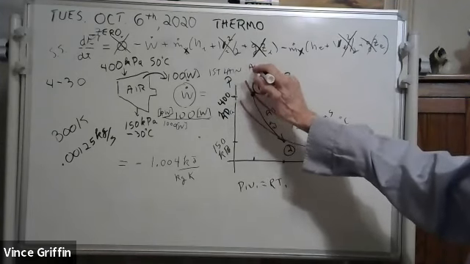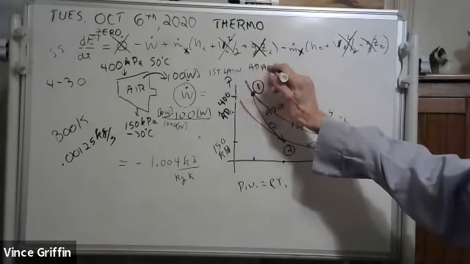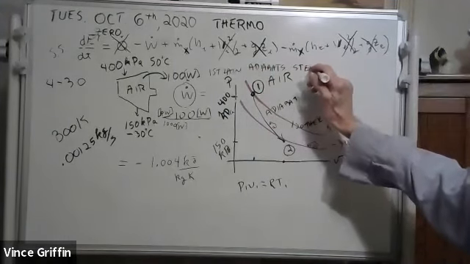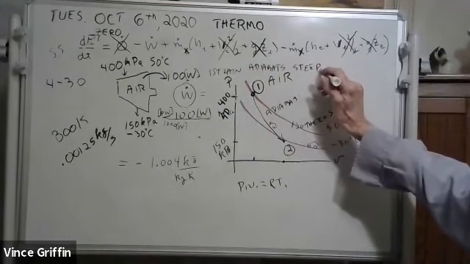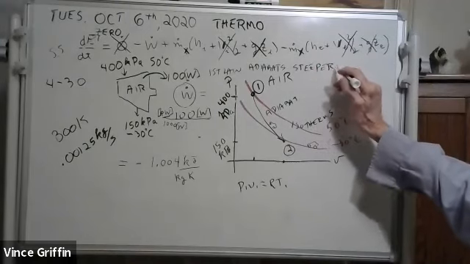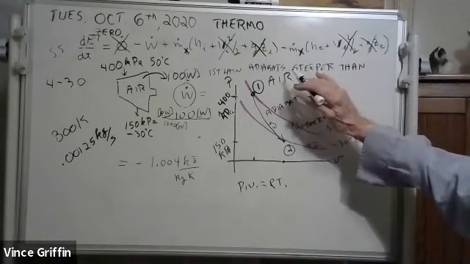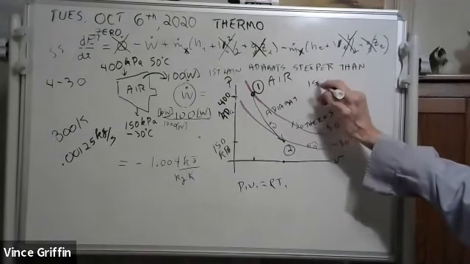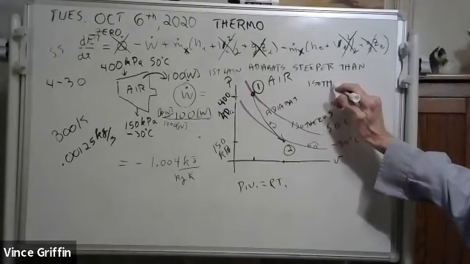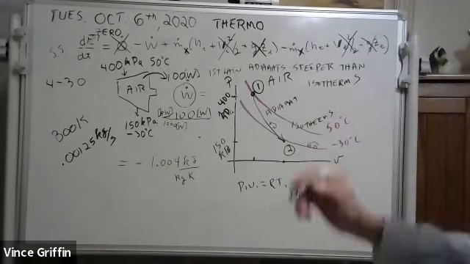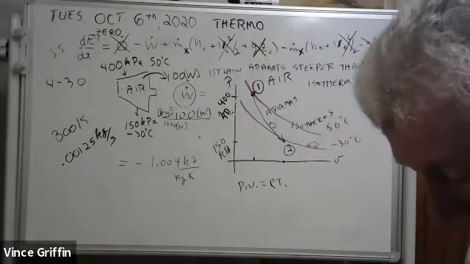Guess what? Adiabats are steeper. Is that how you spell steeper? I think it is. They're steeper than isotherms. Adiabats are steeper than isotherms.